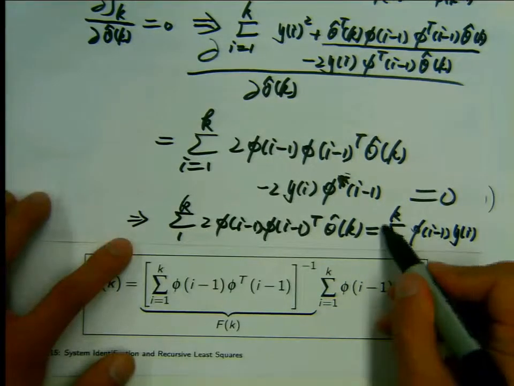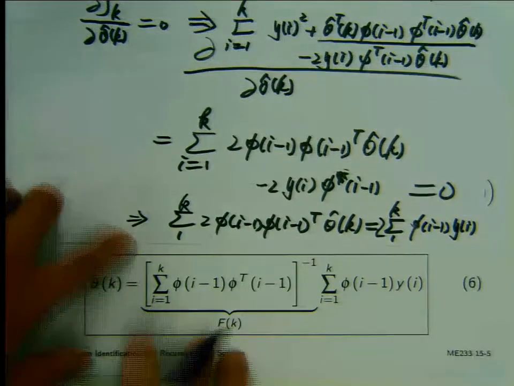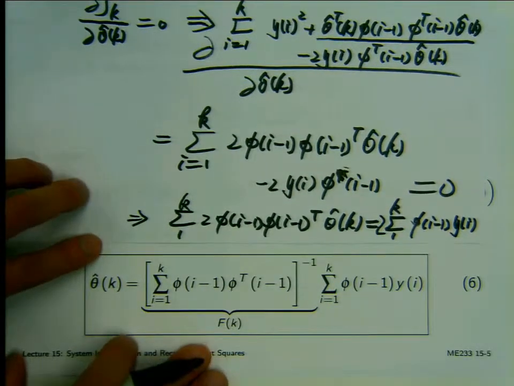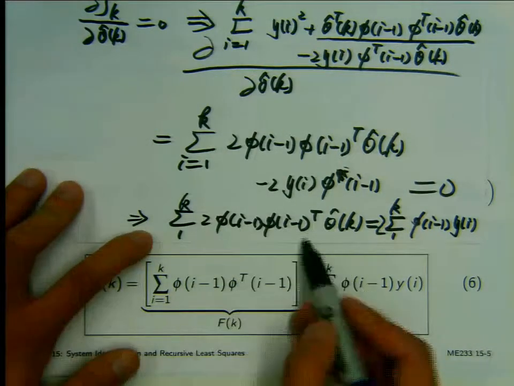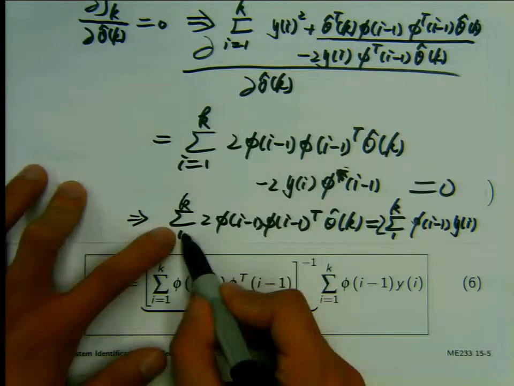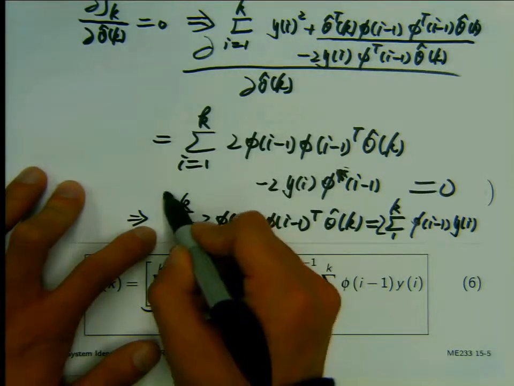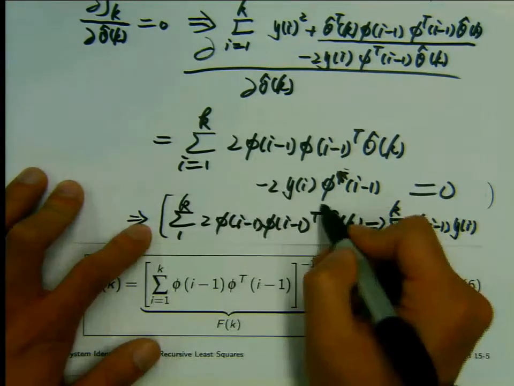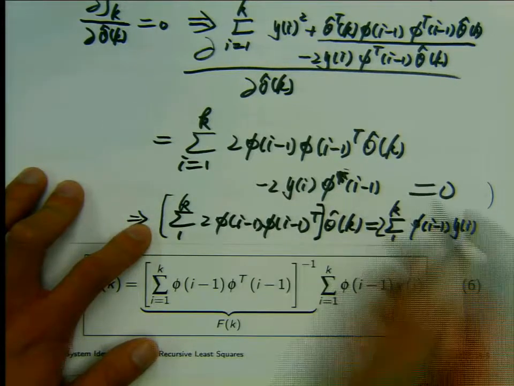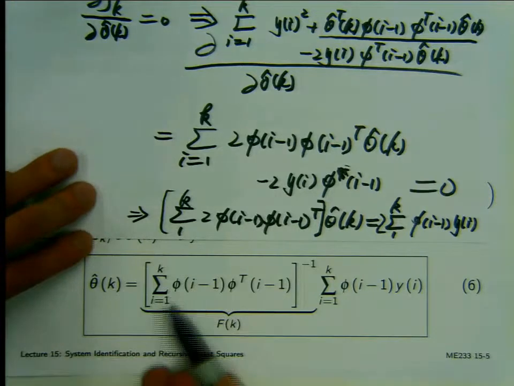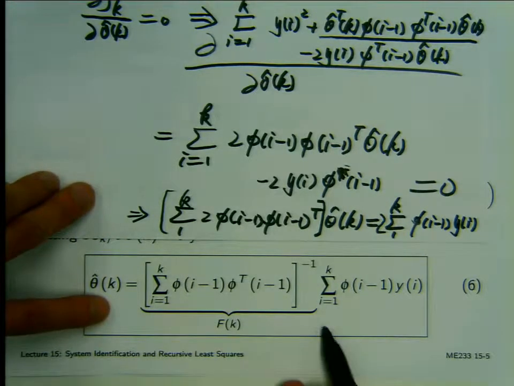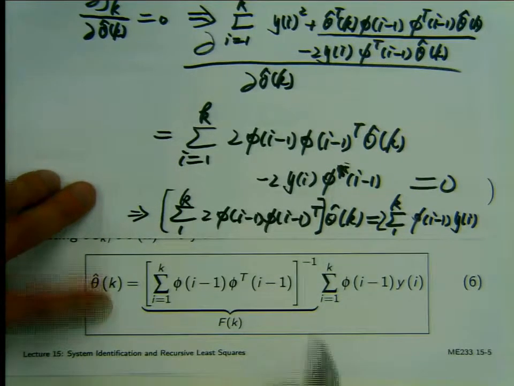There's going to be a 2 here. Okay? So finally, noticing that this is a matrix, you can operate the inverse of the matrix on both sides to get this one finally. That's the final result here.